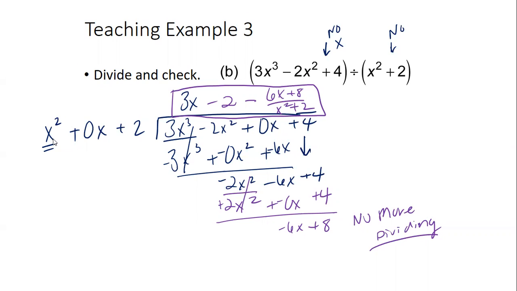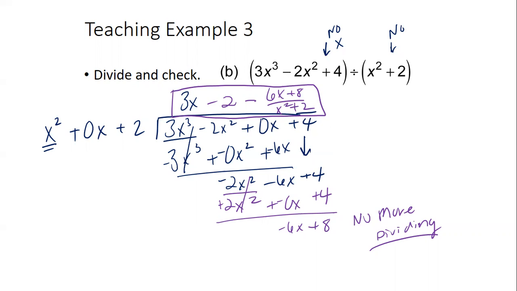So 3x cubed divided by x squared was 3x. Then I multiplied everything by that quotient. So 3x times x squared is 3x cubed, 3x times 0x is 0x squared, 3x times 2 is 6x. Then I subtracted, and what happens when you subtract? The signs change. So we have negative 2x squared minus 0. Doesn't really make a difference. It's still negative 2x squared. 0 minus 6x is negative 6x. And then I subtracted.